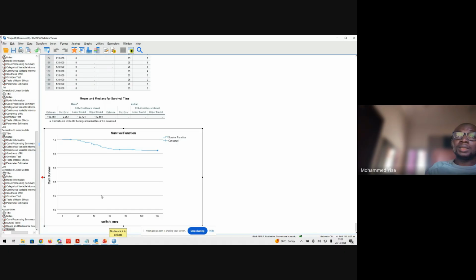The median, the mean is not a good choice for survival data because a lot of time it is actually skewed.